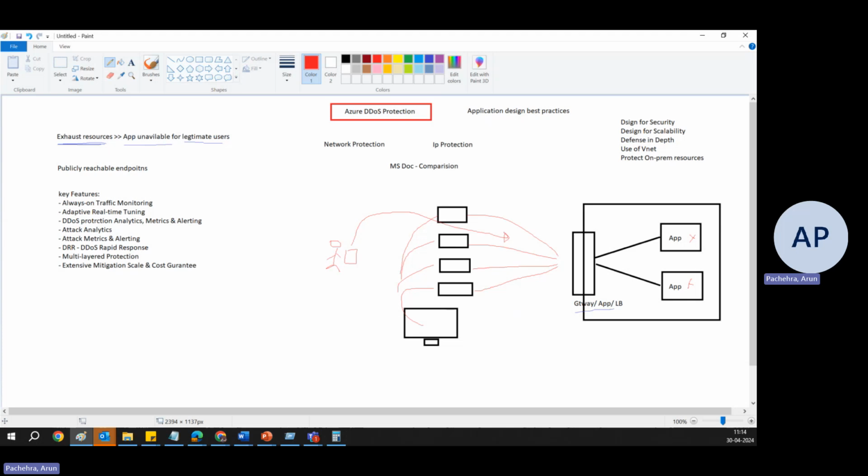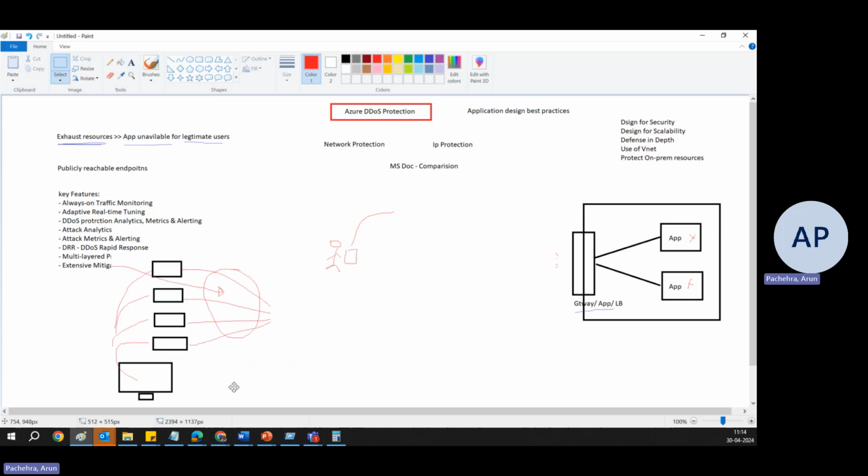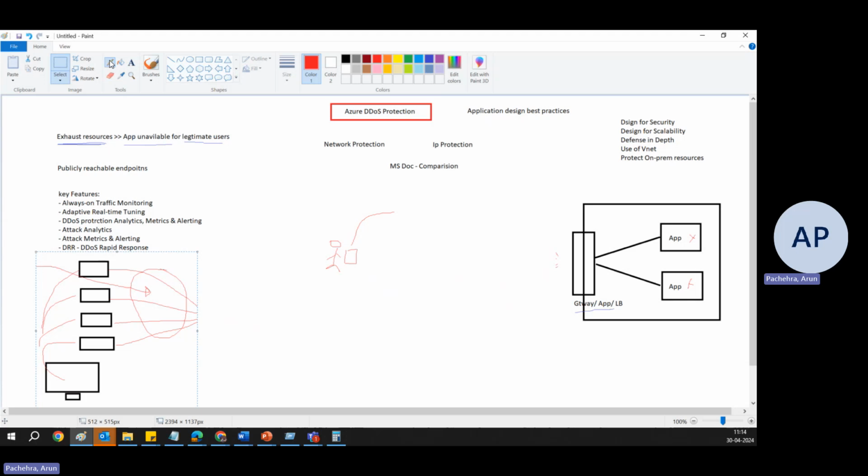DDoS is a distributed denial of service attack, which aims to disrupt the normal traffic of a targeted server, service, or network by overwhelming the target or its surrounding infrastructure with a flood of internet traffic. If this attack is not happening here, let's suppose I take it out, then this user can simply send a request here without any trouble and get the response back.